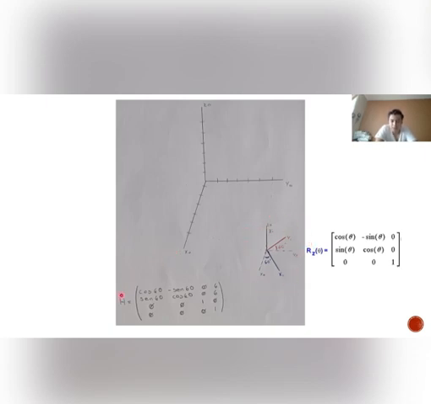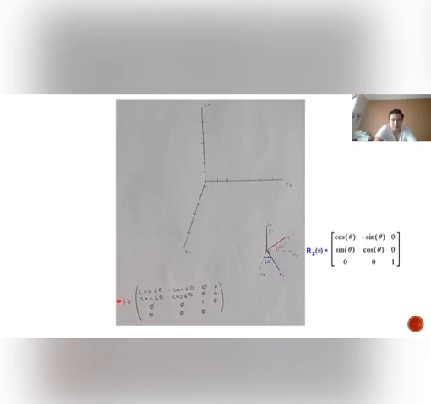And now we do our homogeneous transformation matrix. We have the rotation matrix of Z here, which indicates in the first line the cos of the angle, the sin of the angle, and 0. Then in the second line we have minus sin of the angle, cos of the angle, 0, and in the third line we have 0, 0, and 1.